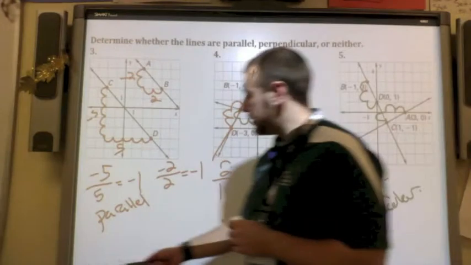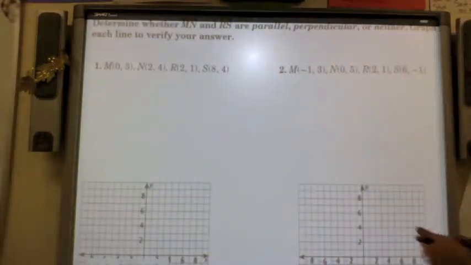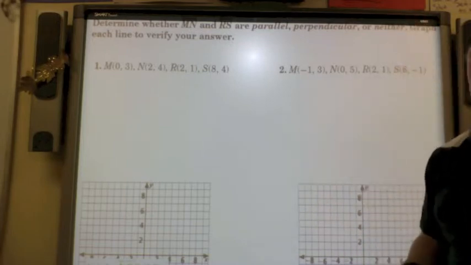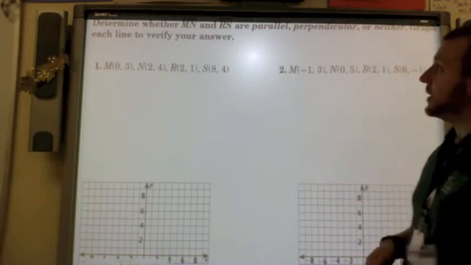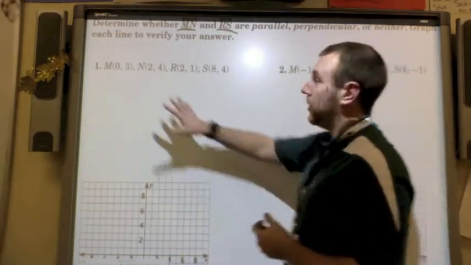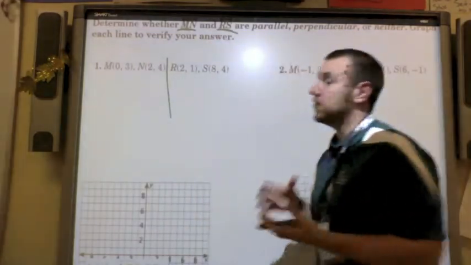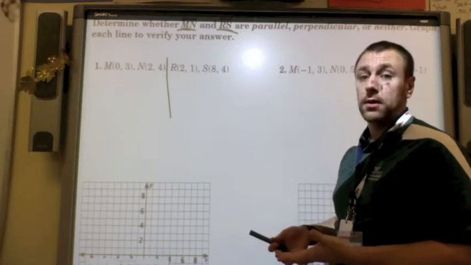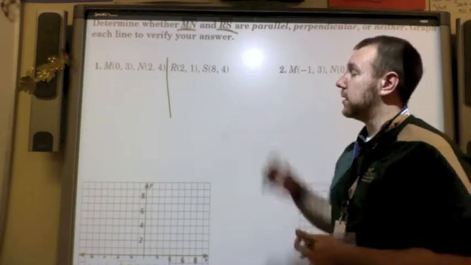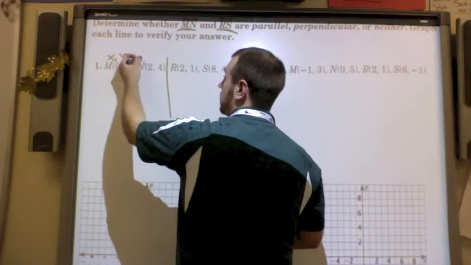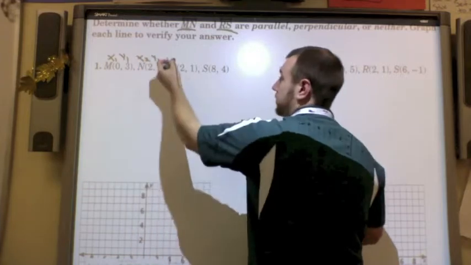Okay, and then the last two examples are, again, deciding if they are parallel, perpendicular, or neither. And the trick with this is they ask you for MN and RS. So MN and RS, you literally split this equation into two things, and you find the slope of the 2 points. So x1, y1, x2, y2.